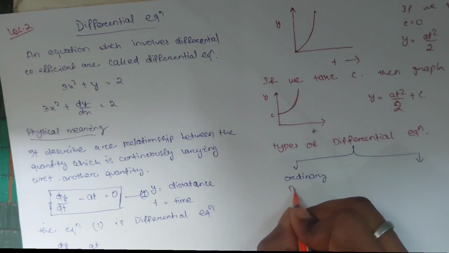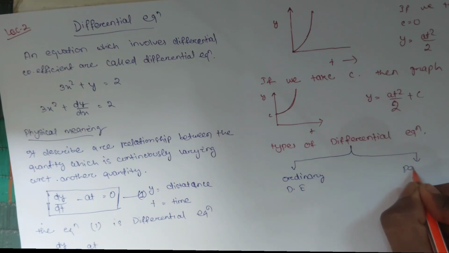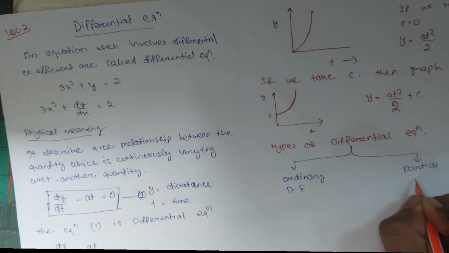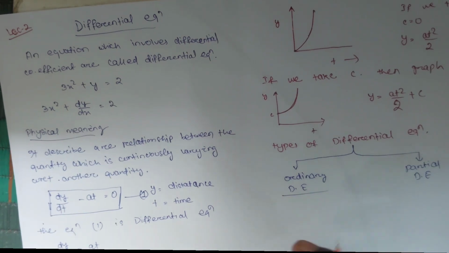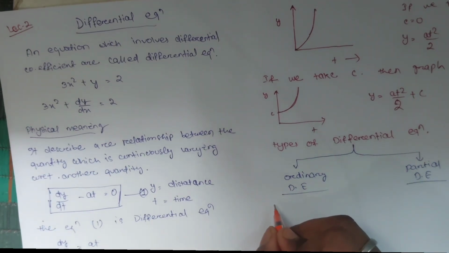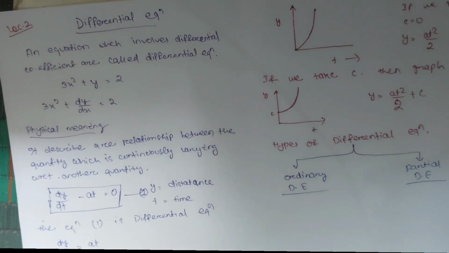What is the basic difference between them? The ordinary differential equation contains derivatives with respect to a single independent variable, while the partial differential equation contains derivatives with respect to more than one independent variable.